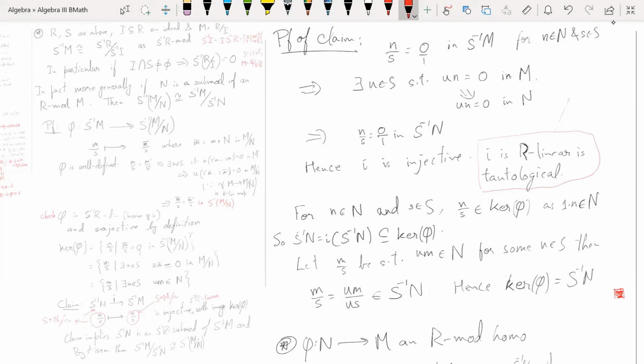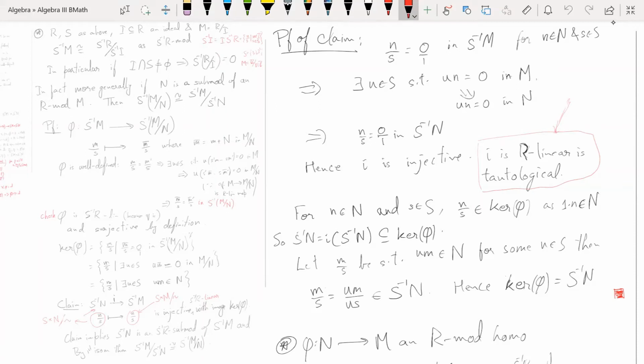This check for injectivity works only if it is a group homomorphism at the very least. It is going to be a group homomorphism because the addition and scalar multiplication are defined in the same way in both S inverse N and S inverse M, and the map is in symbols an identity map.